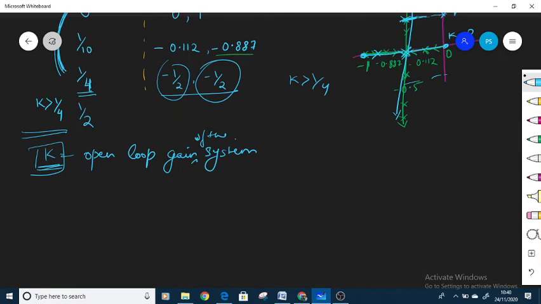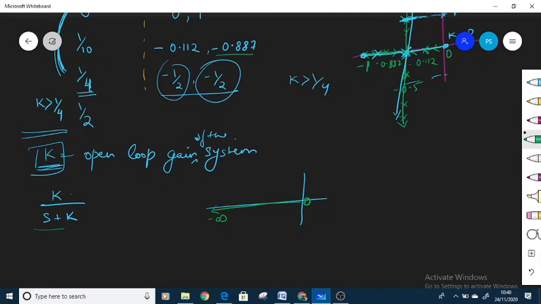The system can be as simple as the one we had taken above, k divided by s plus k. The variation of k in that case, we had seen, was from 0 to infinity, and the pole was varying from 0 to minus infinity.